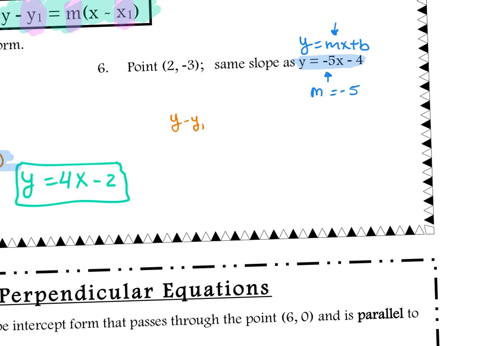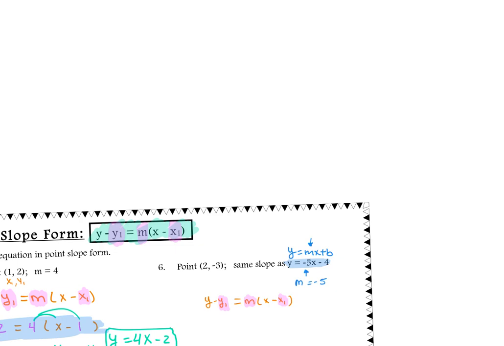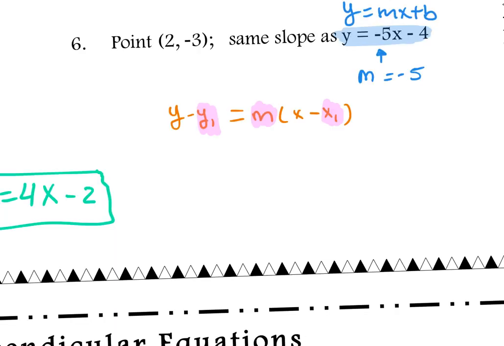Again, I'm going to write it out in its original form. And then again, go back in with my highlighter, highlight the things that I can change, and then start plugging in. So, now drop down. I'll bring this y minus, equal sign, parenthesis, x minus, close parenthesis.